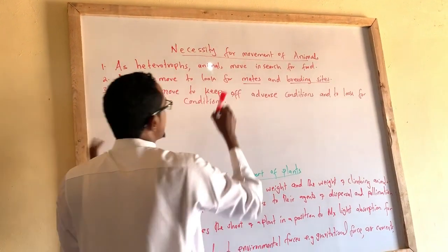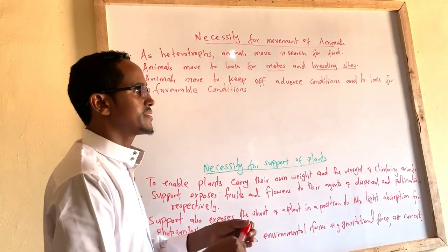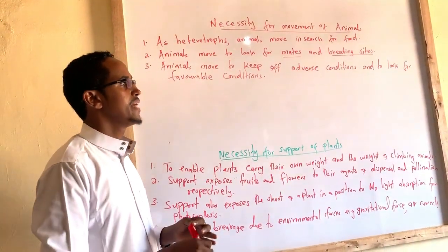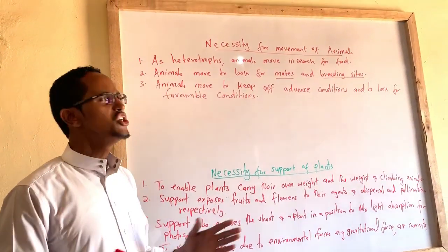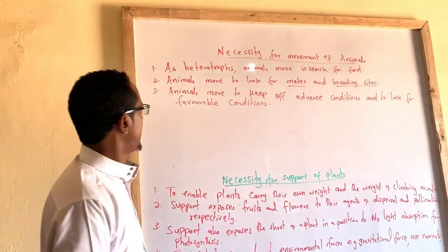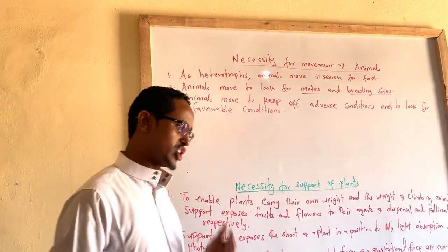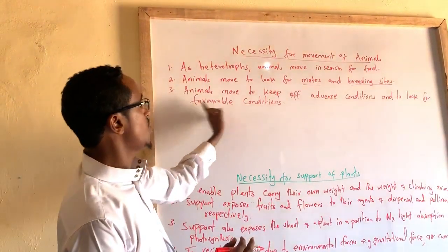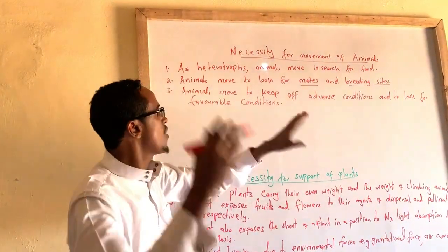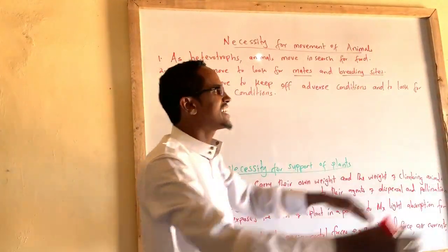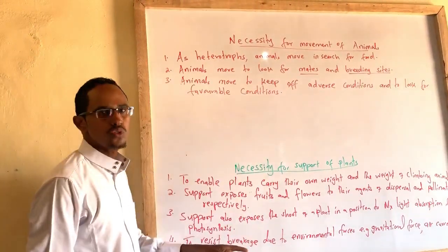If the environment is hostile, unfriendly, harmful, injurious, deadly, then you cannot keep on staying in that particular place. You will have to change your position. So animals as well move away from adverse environmental conditions to probably look for a better one, for favorable conditions.